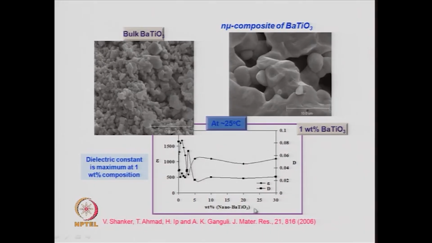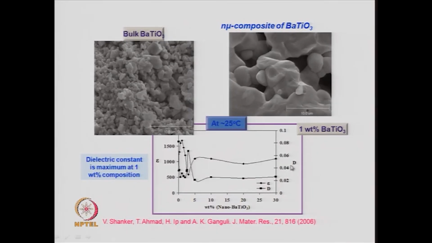Data is shown here for 30%, and you see that for a small region where the addition of the nanoparticles is around 1 or 2 or 3 weight percent, the dielectric constant epsilon shows an increase, and the dielectric loss, which is shown as the squares, which is d.